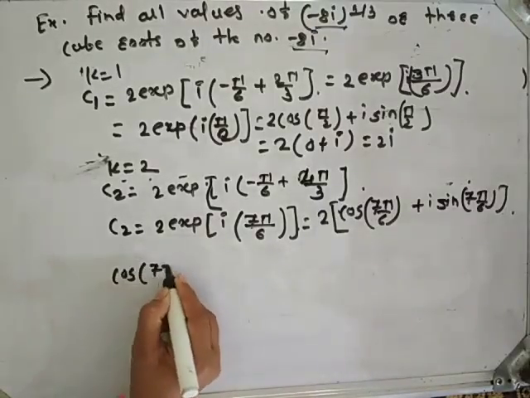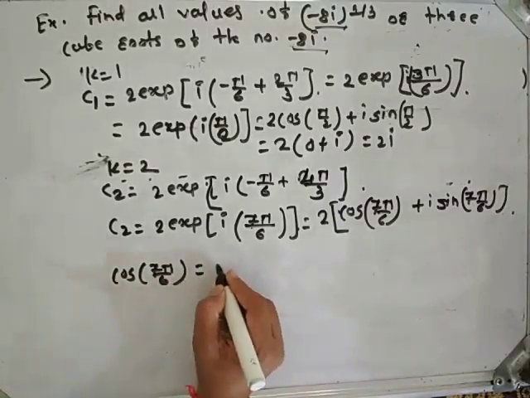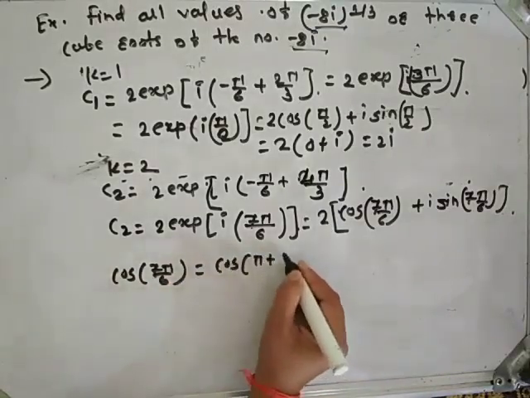Cos of 7 pi by 6 can be written as cos of pi plus pi by 6.